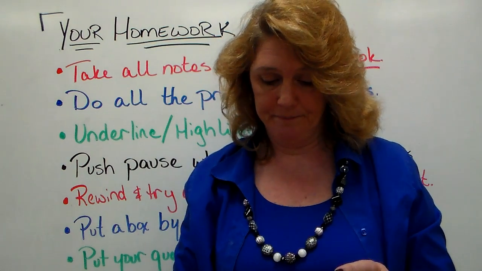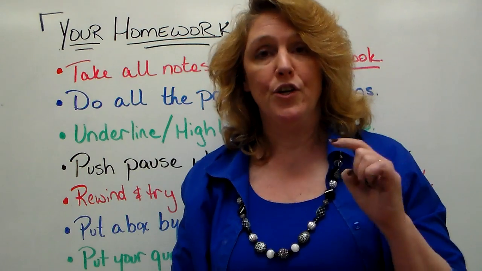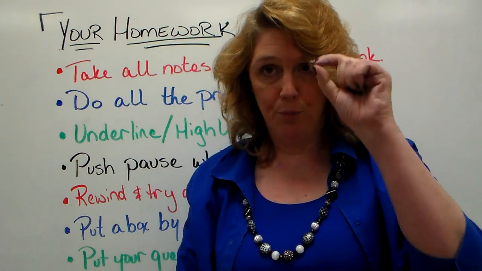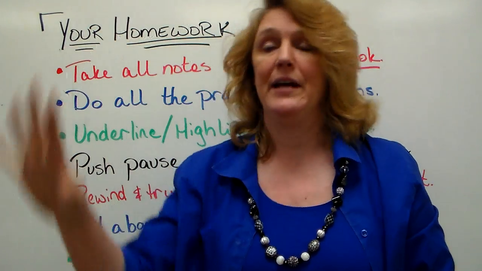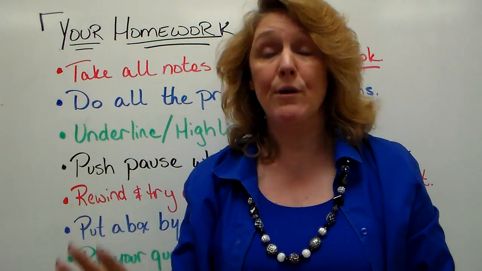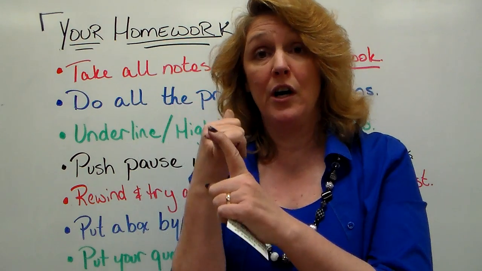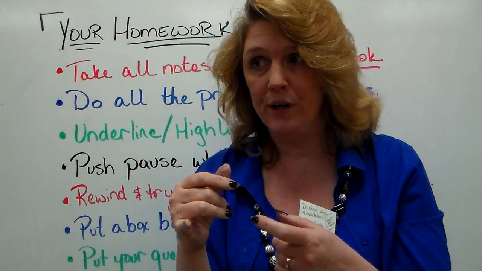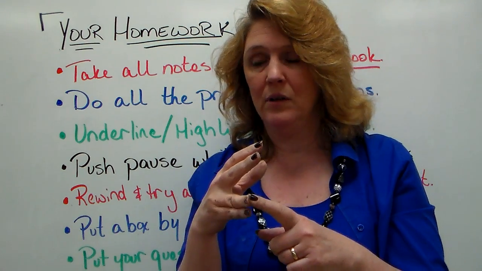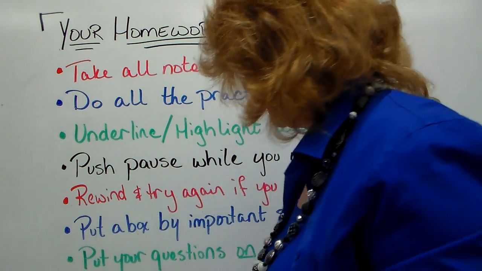All right. Now, when you're done with your notes and you've pushed pause, your job then is to go through your notes and look at them. Reread them. You're going to put a star by the things that you think are easy, and you're going to put a little warning triangle by the stuff that you're still having to learn.